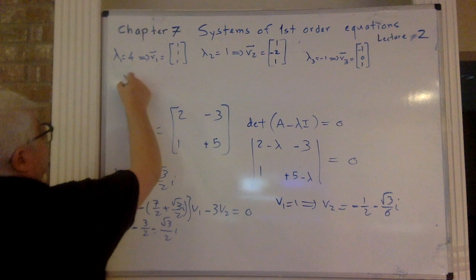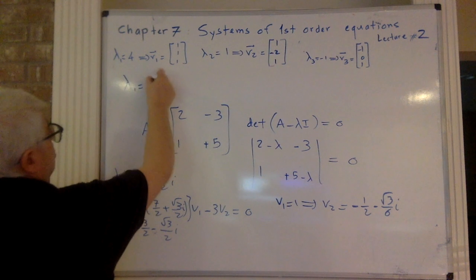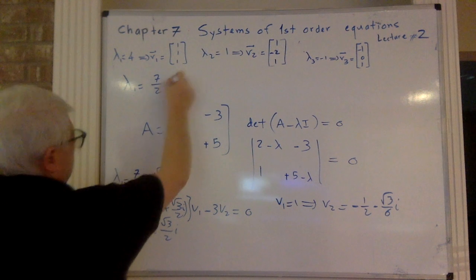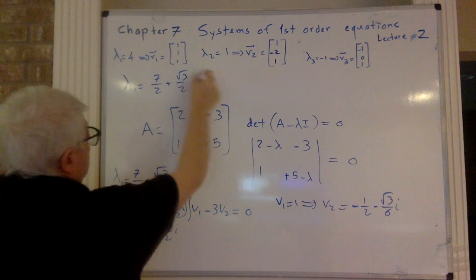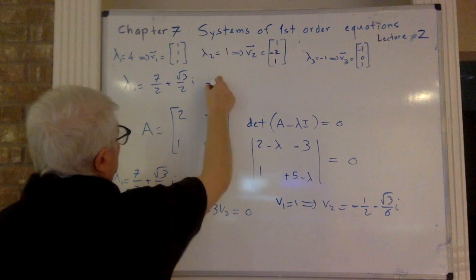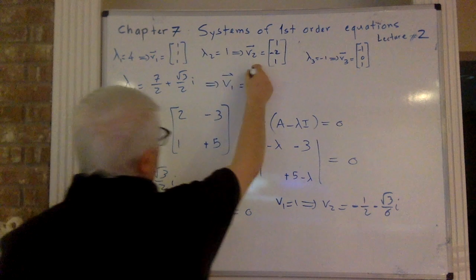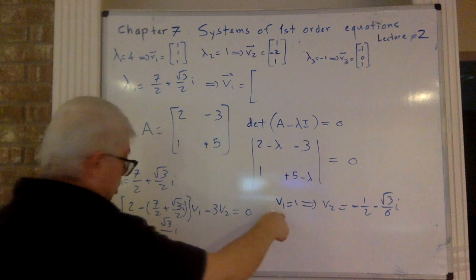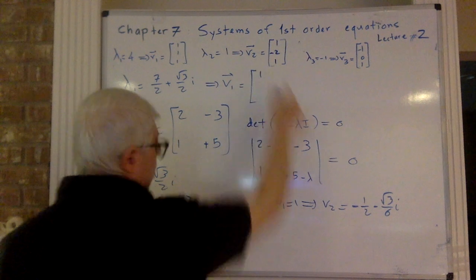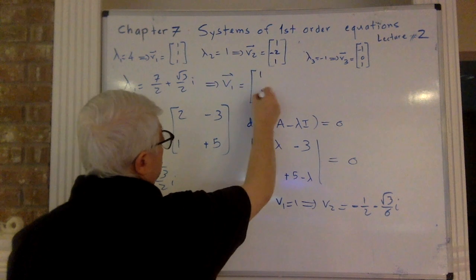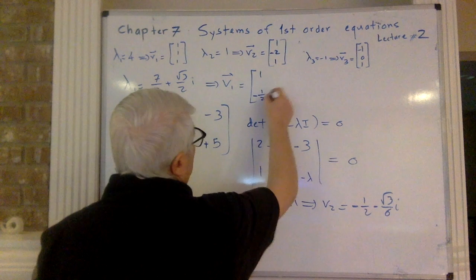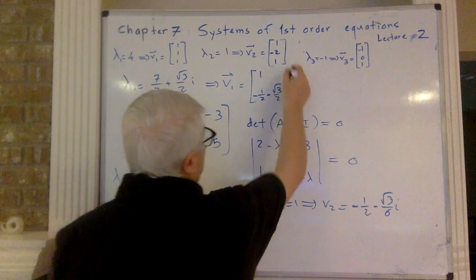Lambda 1 was 7 over 2 plus the square root of 3 over 2 i, and that gave me v1 as a vector. I set v1 to be 1, and v2 is minus 1/2 minus the square root of 3 over 6 i.